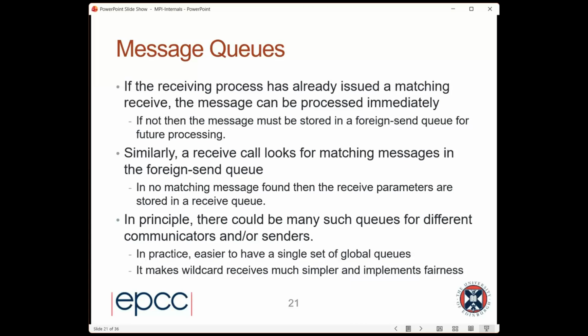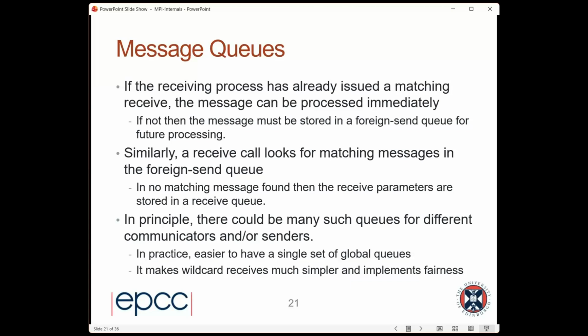However, if it hasn't, I have to store it in what's called a foreign send queue. I don't have a matching receive, so I have to park it for the moment. That immediately tells you it's good MPI programming practice to issue the receives as early as possible. That means when the send comes in, it can be matched immediately.